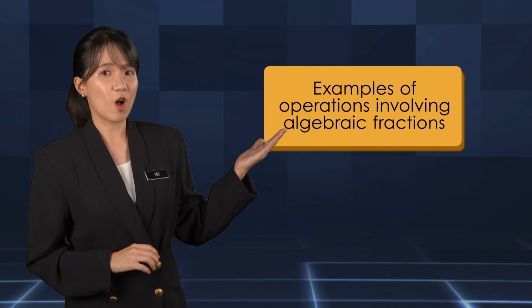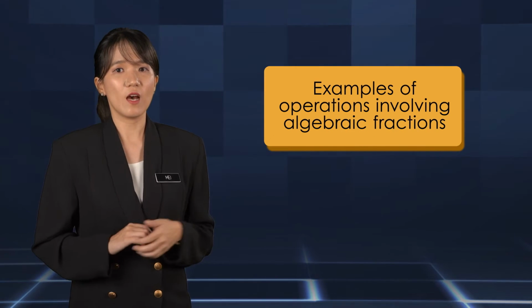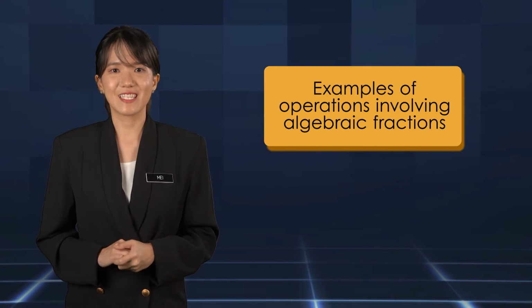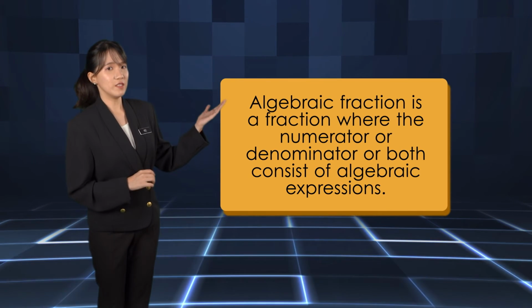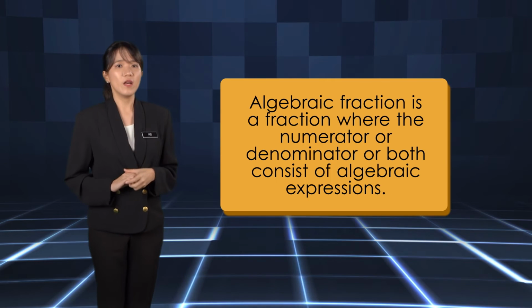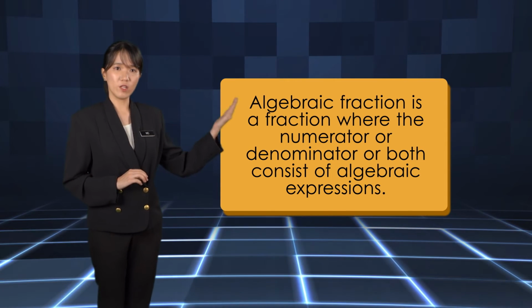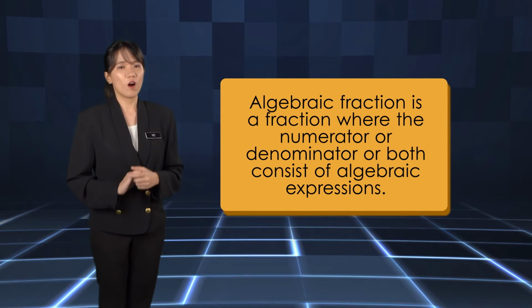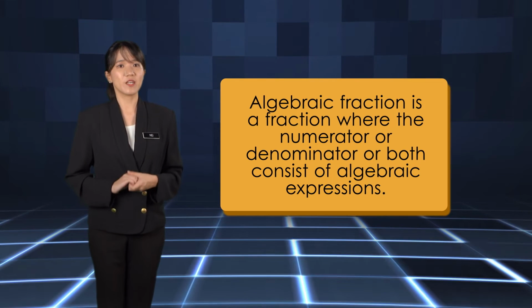You have looked at two examples of operations involving algebraic expressions. Now, we will move one level up. We will be looking at examples of operations involving algebraic fractions. An algebraic fraction is a fraction where the numerator or denominator or both consist of algebraic expressions.